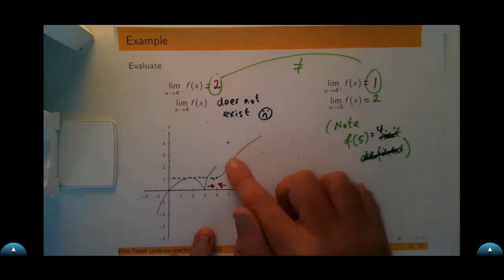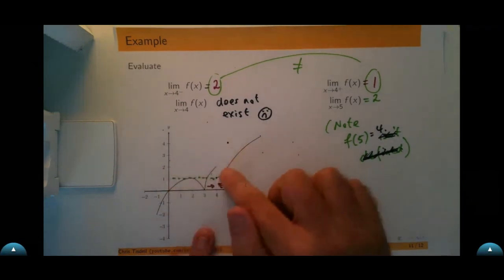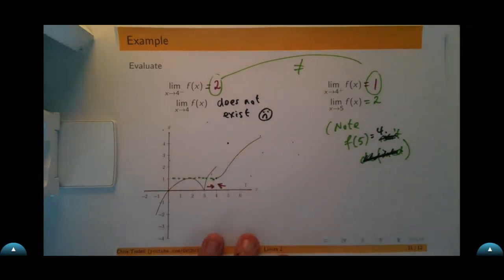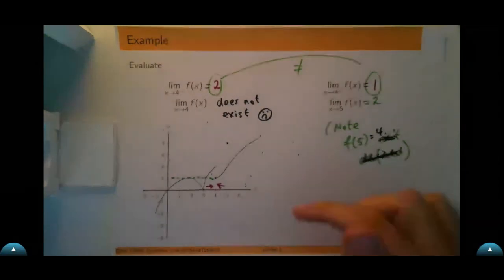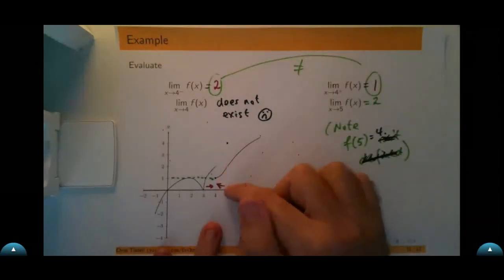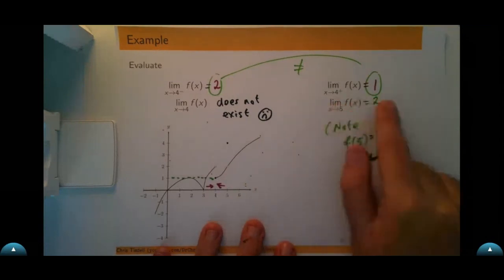As we approach 5, the graph is going towards 2 from both sides. Correct, Nicole. The left and right hand limits are both approaching 2 as we approach 5, right? So that's what this means.